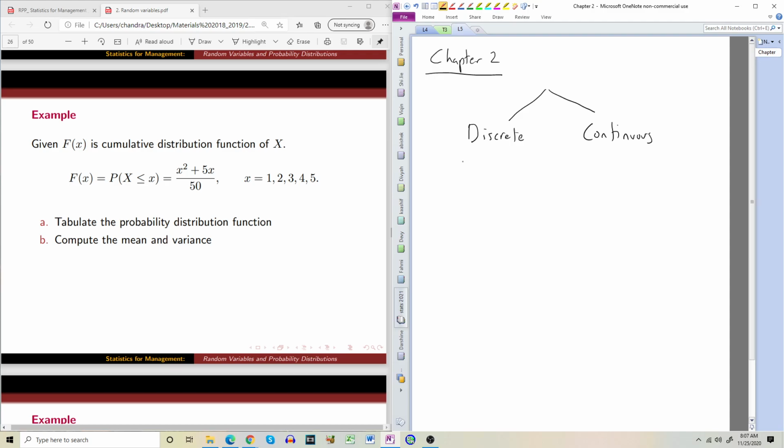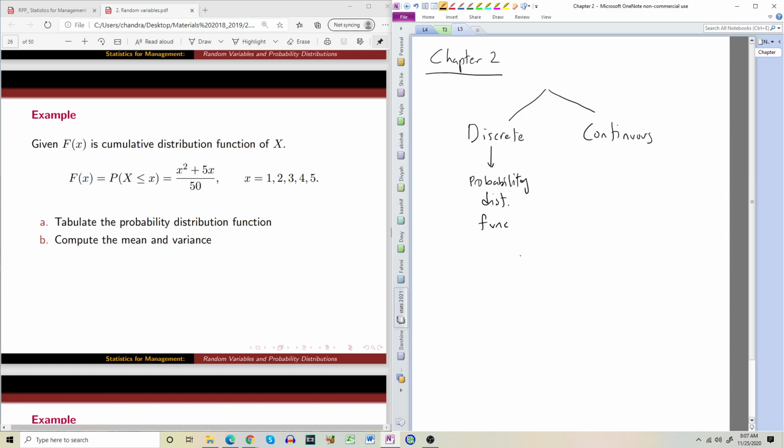So in our previous four classes, in discrete we have seen probability distribution function or table or something like that. Normally function.